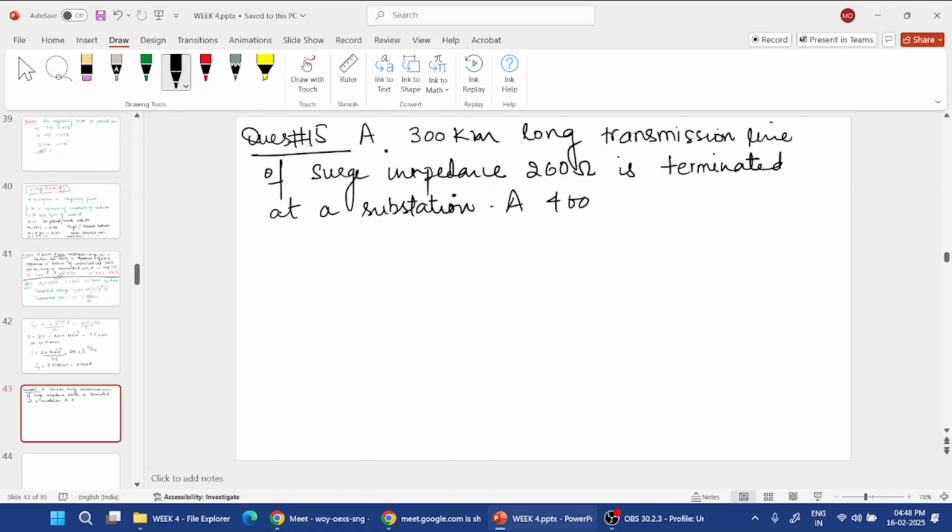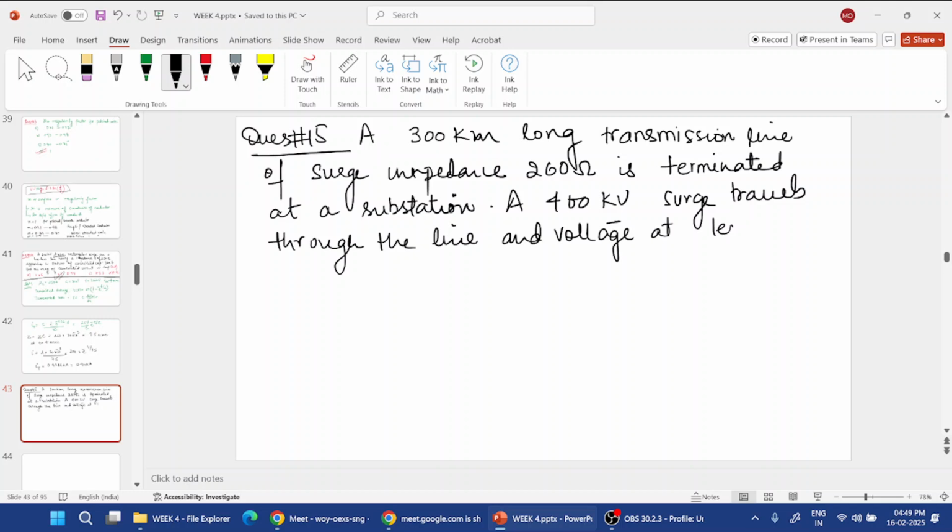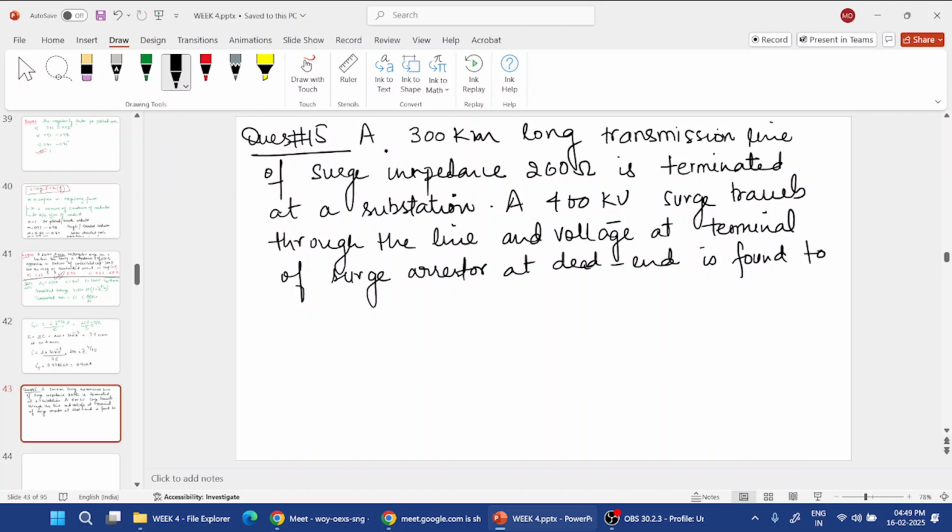A 400 kV surge travels through the line and the voltage at the terminal of the surge arrestor at the dead end is found to be 280 kV.